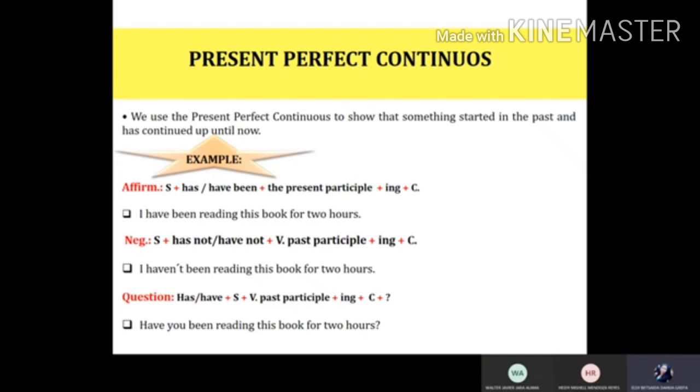In negative form: subject plus has not or have not been plus verb plus ing plus complement. For example, I have not been reading this book for 2 hours.